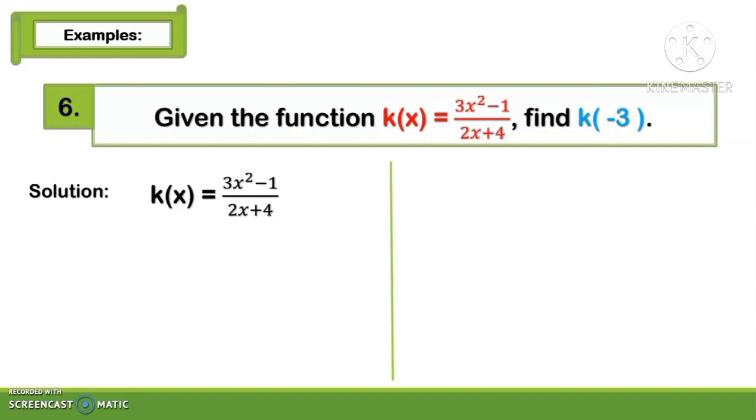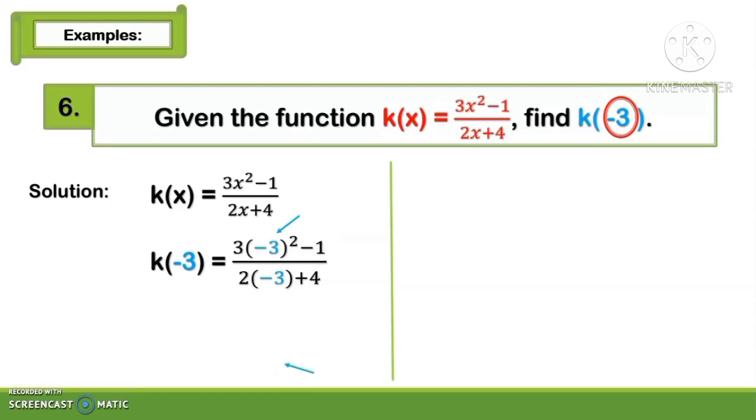Now, let us substitute negative 3 sa lahat ng x natin dun sa given function. So, kung mapapansin nyo, tatlo yung x. Yung katabi ni k, yung nasa taas, and then yung nasa babang x. After natin mag-substitute, isi-simplify na natin.